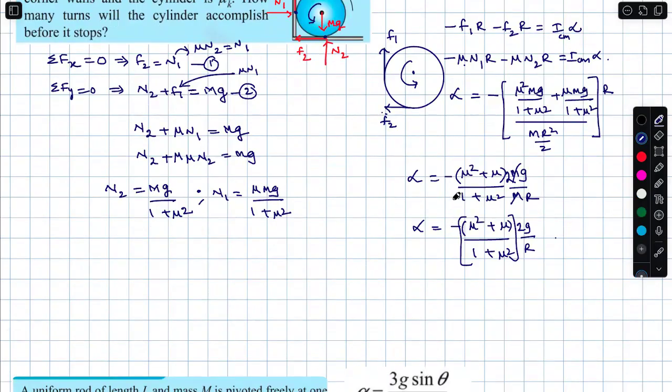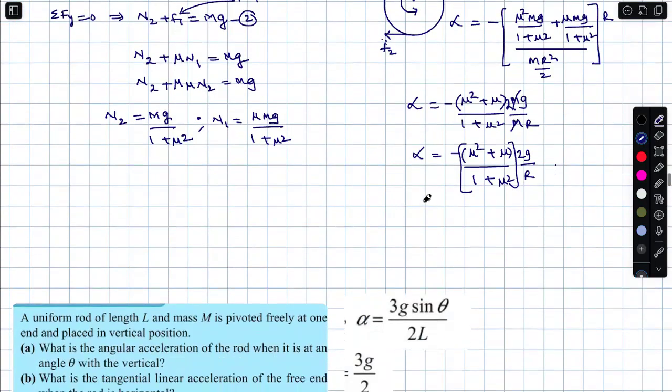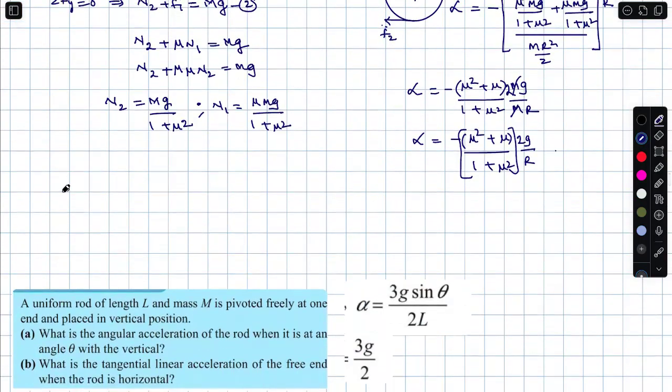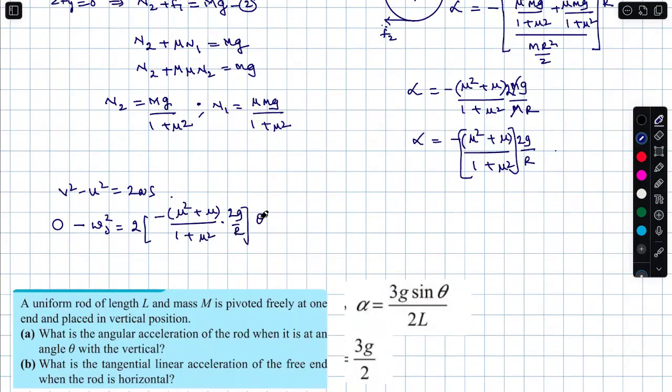Displacement before it comes to rest. If asked this, I will use v square minus u square is equal to 2 alpha theta. Finally it is at rest. Initially omega naught square, minus mu square plus mu by 1 plus mu square times 2g by R, into theta.